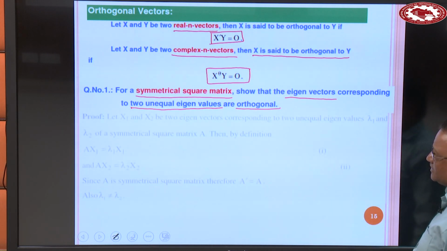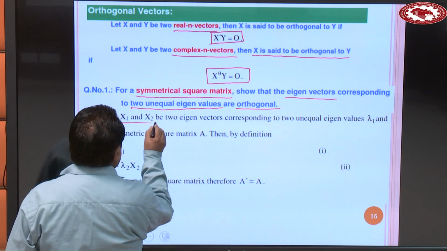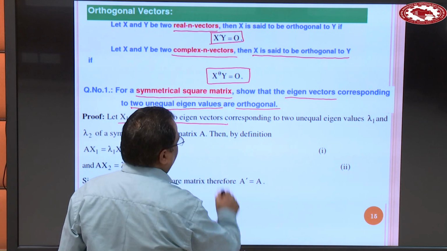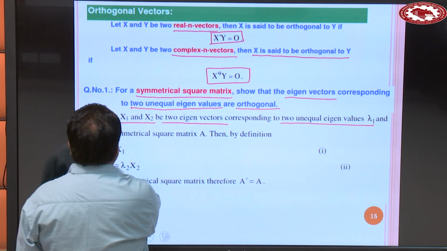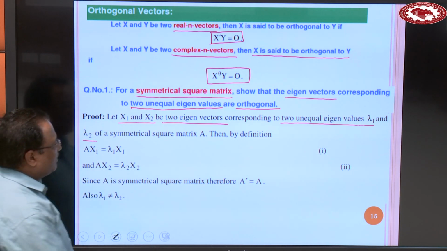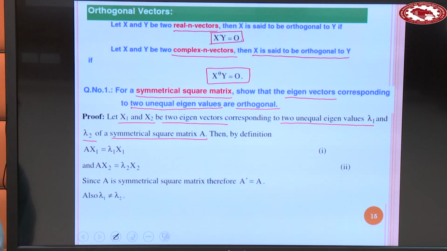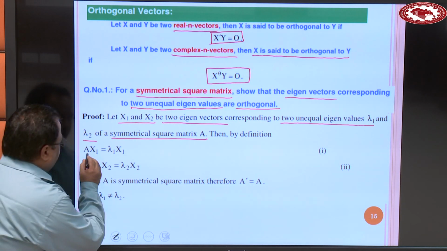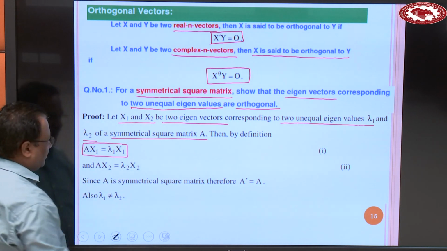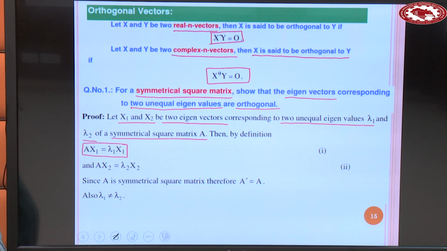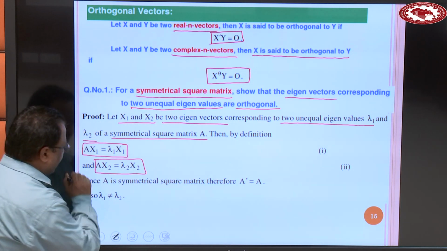So let us prove this result. Let x1 and x2 be two eigenvectors corresponding to two unequal eigenvalues lambda 1 and lambda 2 of a symmetrical square matrix A. Then by definition, Ax1 is equal to lambda 1 x1. This is result number 1 we have given. Ax2 is equal to lambda 2 x2. This is the second result we have given.